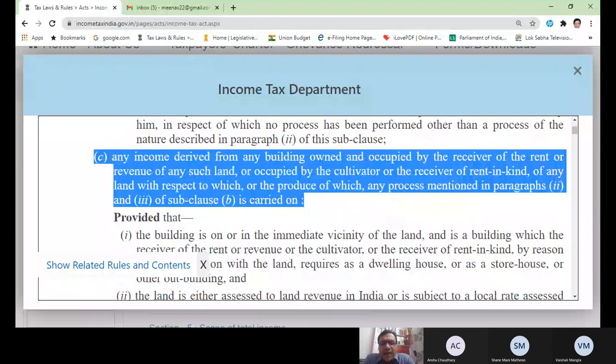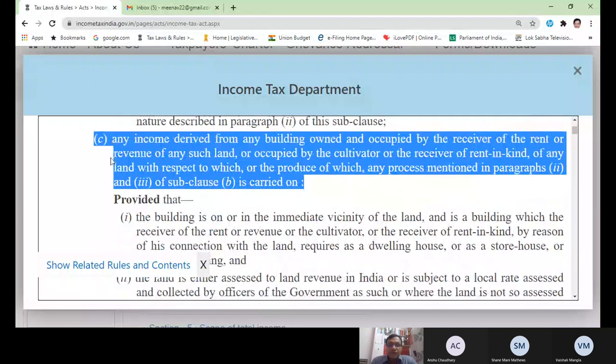Any income derived from any building owned and occupied by the receiver of the rent or revenue of any such land, or occupied by the cultivator or the receiver of rent in kind of any land with respect to which, or the produce of which, any process mentioned in paragraphs 2 and 3 of subclause B is carried on, provided the building is in the immediate vicinity of the land.